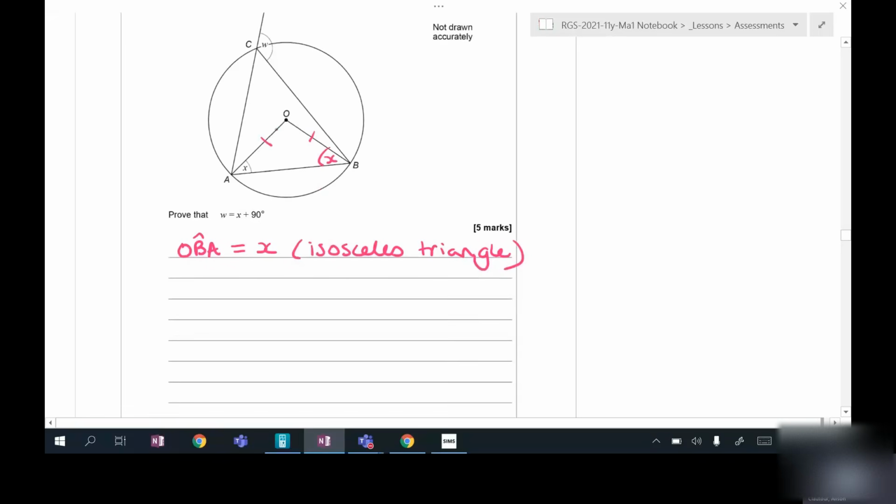That then allows me to work out this angle here. So AOB is 180, take away X, take away another X, so 180 take away 2X, just because of angles in a triangle.